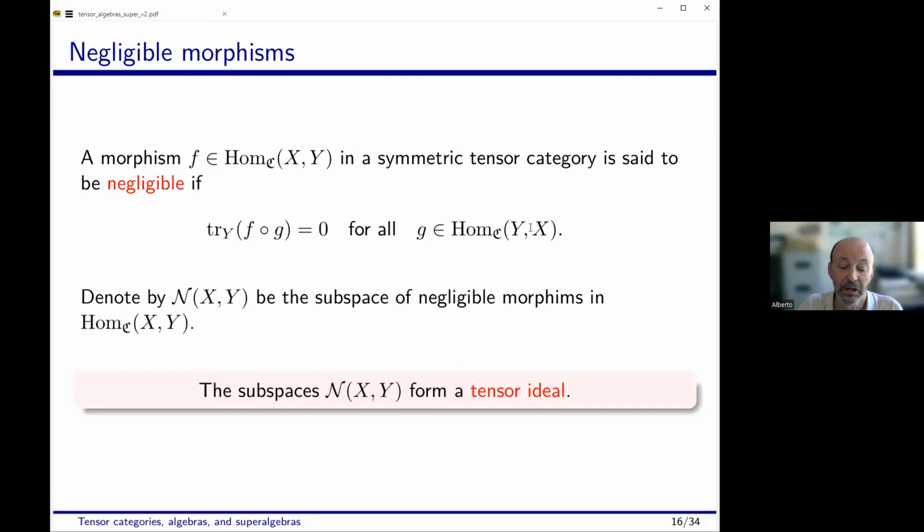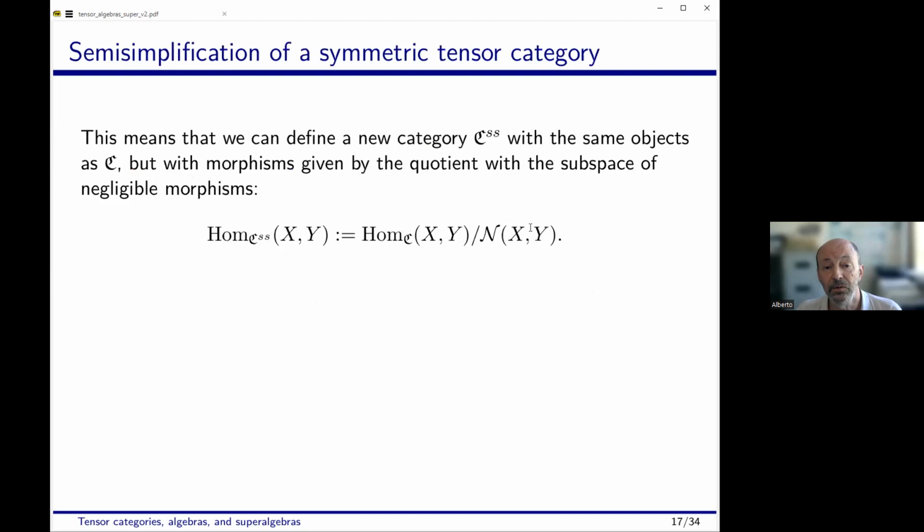And whenever we take the tensor product of a negligible morphism with another morphism, we get a negligible morphism. And this allows us to define the semi-simplification of a symmetric tensor category. So we obtain a new category, the semi-simplification, whose objects are exactly the same objects as in the previous category.